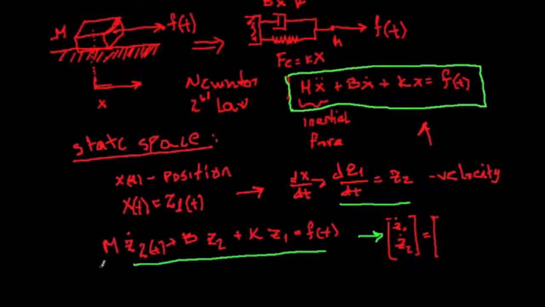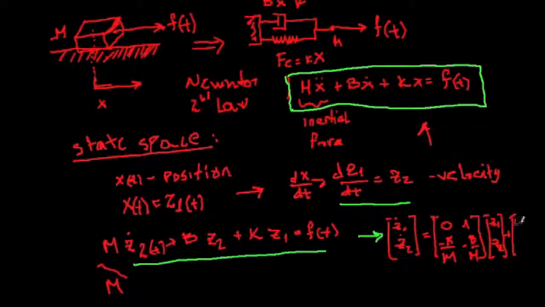I divide this entire equation by m, and therefore this becomes [0, 1; minus k by m, minus b by m] times z1, z2, plus [0; 1 by m] f of t.